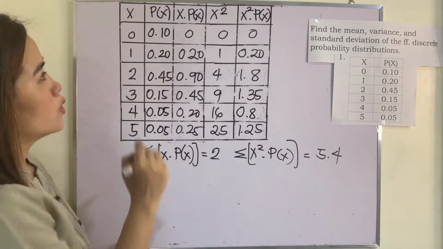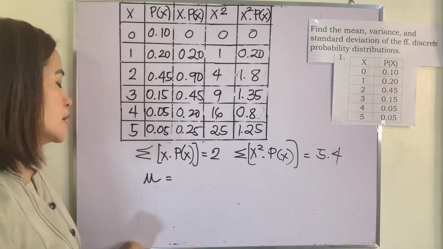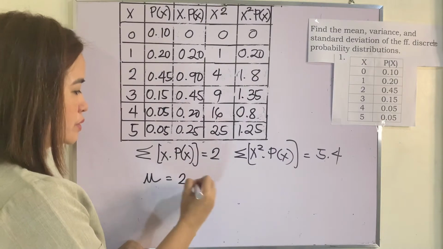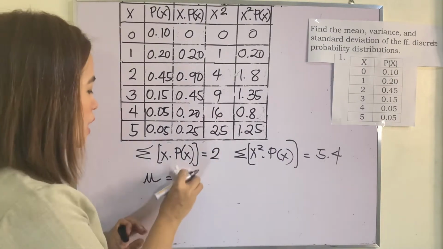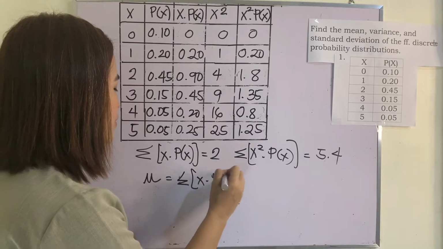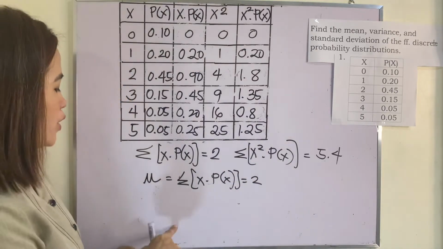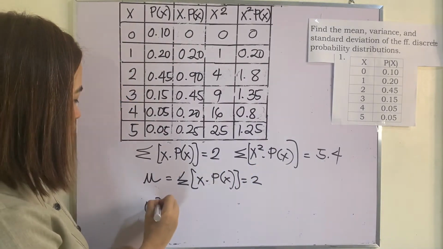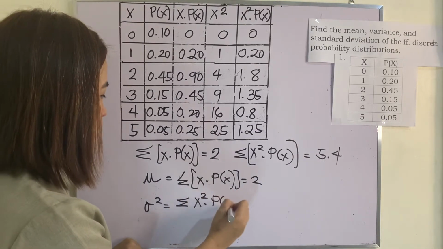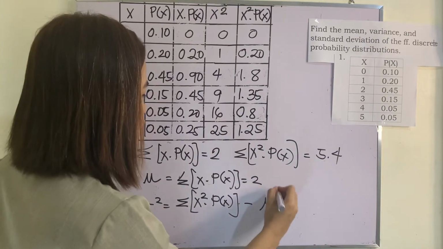Okay, next. The mean has this symbol, mu, Greek letter. This is already your mean. It's equal to 2. So your mean, therefore, is the summation of x times p of x, which is equal to 2. For your variance, this is the symbol: summation of x squared p of x minus mu squared.